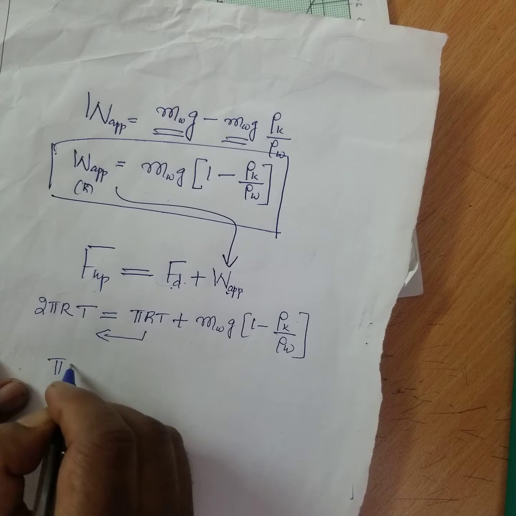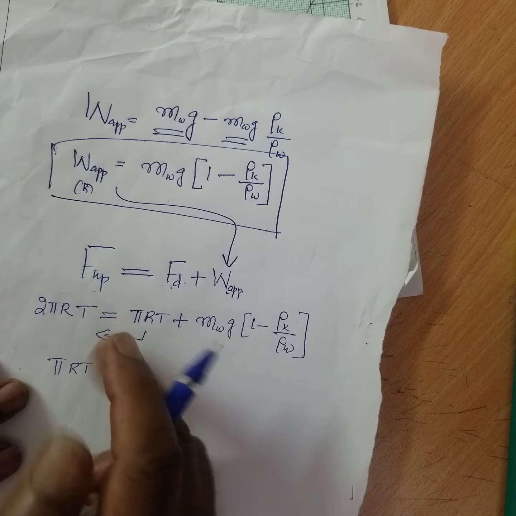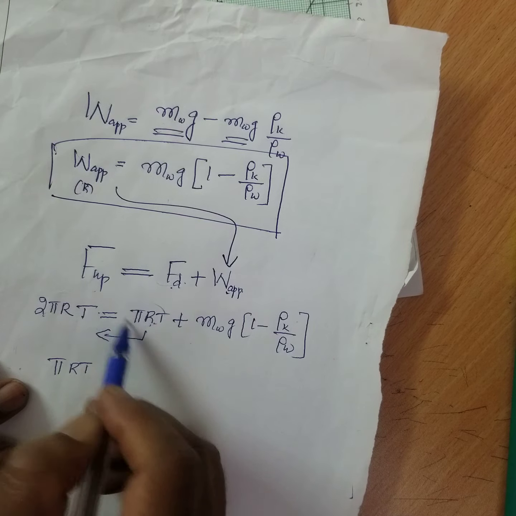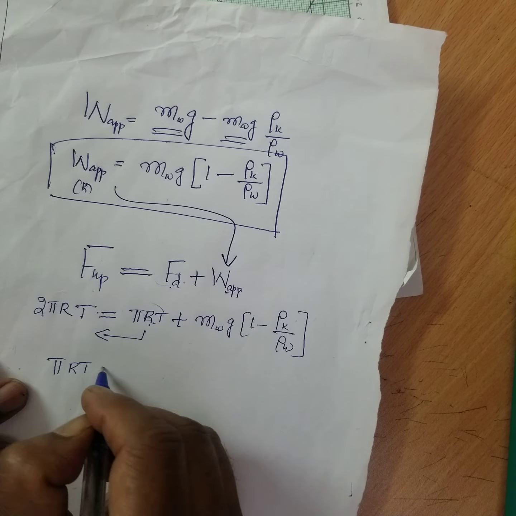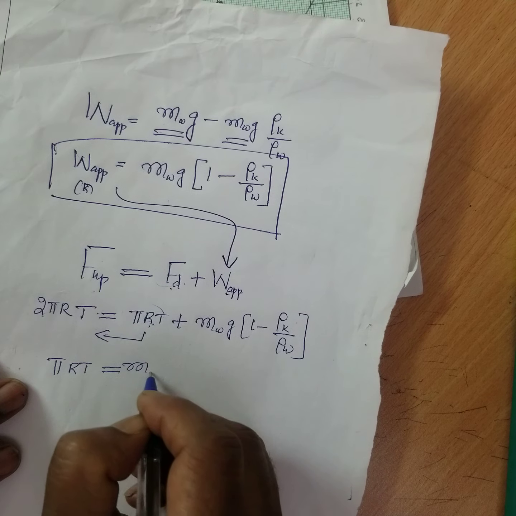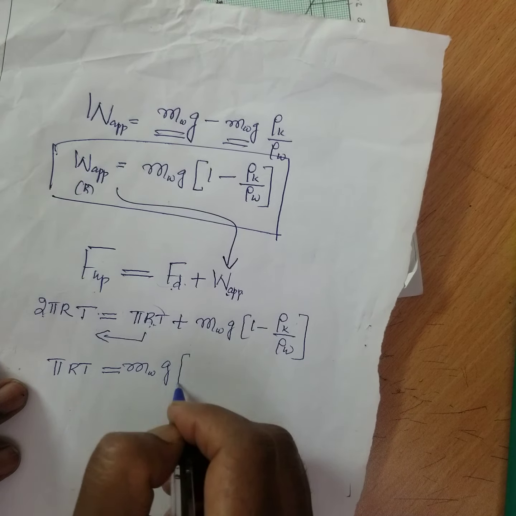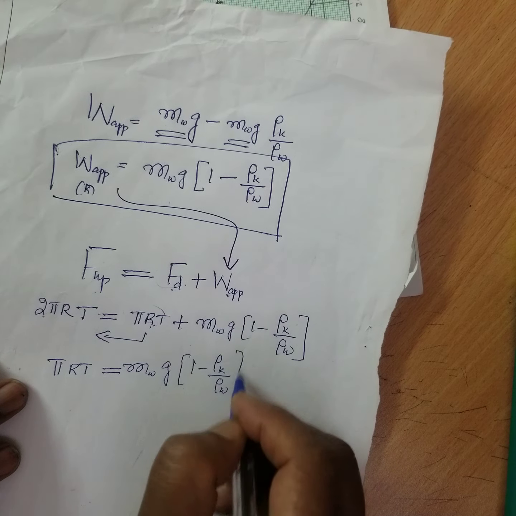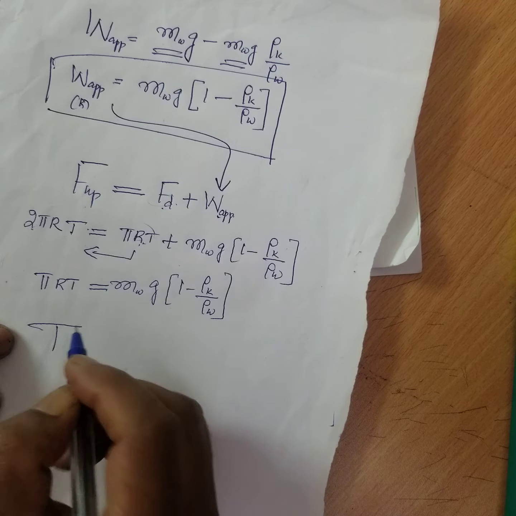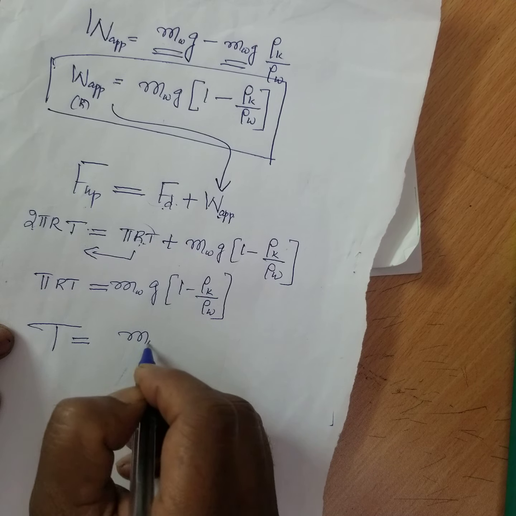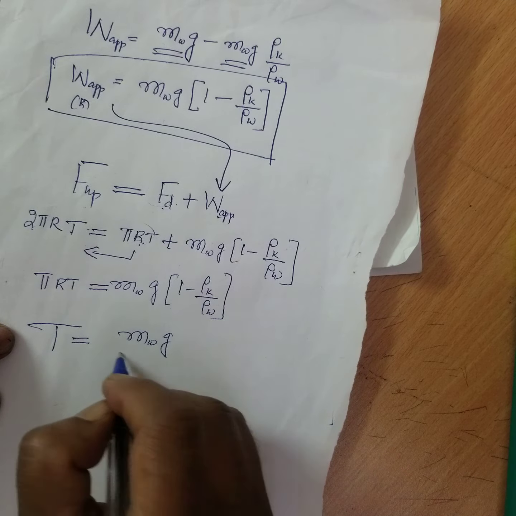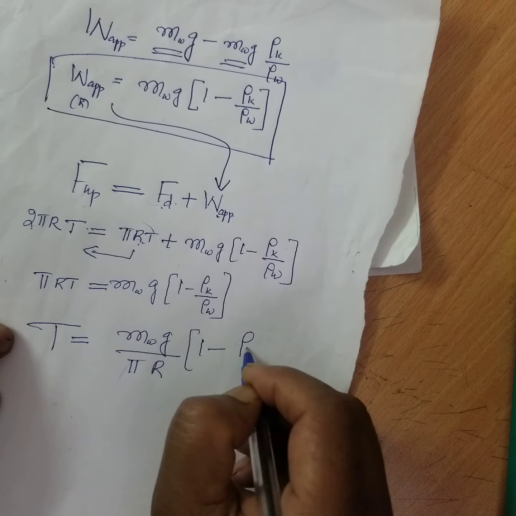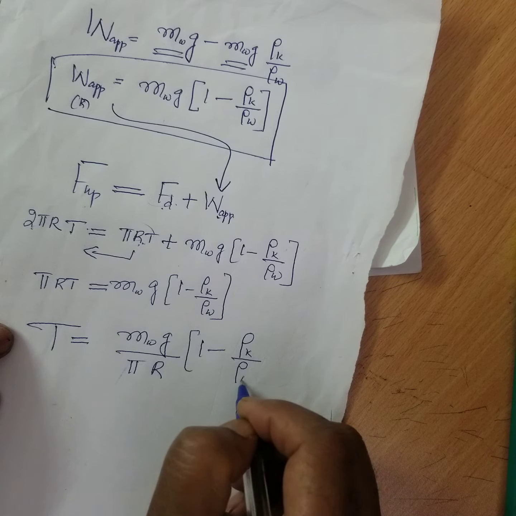Therefore, pi r t cancels now, right? 2x minus x equals x. It is equal to mass of water g, 1 minus rho k by rho w. Therefore, interfacial tension is equal to mass of water, acceleration due to gravity, by pi r into 1 minus density of kerosene by density of water.